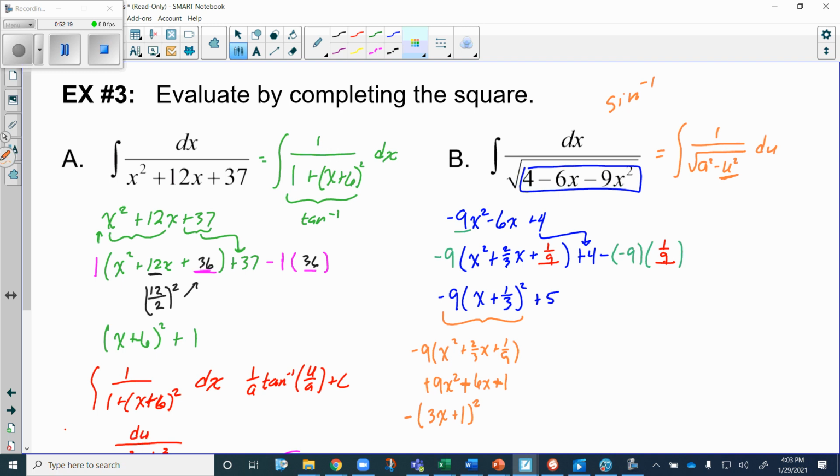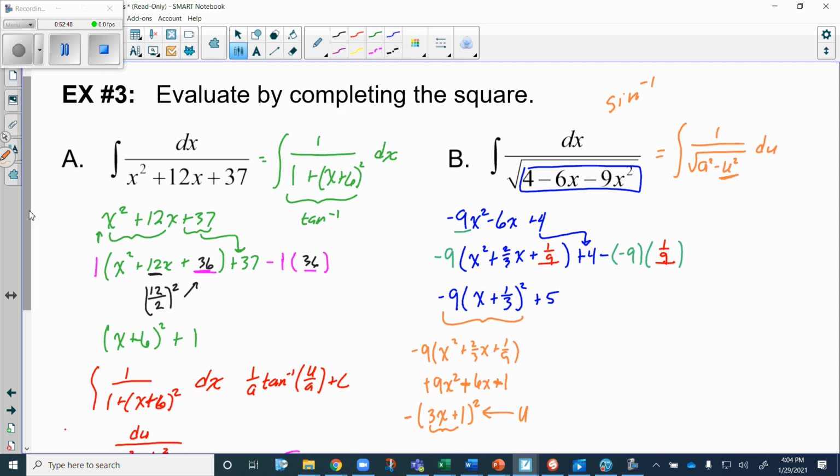So the stuff inside of the parentheses, that's what we're looking at as u. Like I said, most of the work that we're doing on this really is algebra, not so much calculus stuff with the integration here, but you had to do a fair bit of work to complete the square on this one. So now we've completed the square.